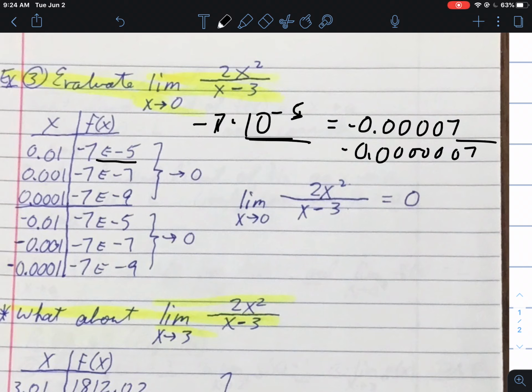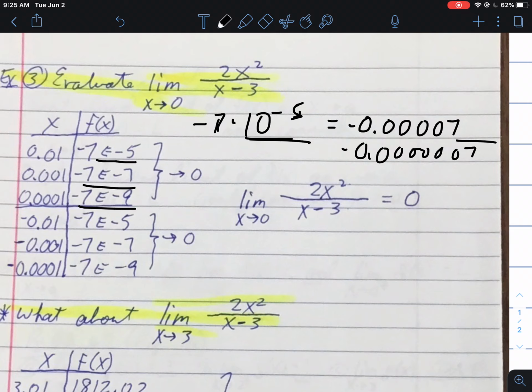So anytime you see a number like this popping up, this is a number that's really, really small when you have scientific notation with negative exponents on the 10. And they're getting smaller and smaller and smaller. So if we continue to plug in 0.00001 and so forth, you're just going to see those numbers continue to get smaller and smaller. In other words, they're approaching zero. So that's the observation I want to get out of this one when you see things like that.